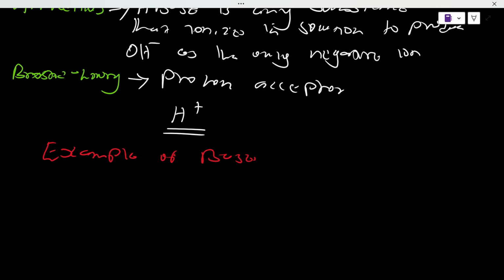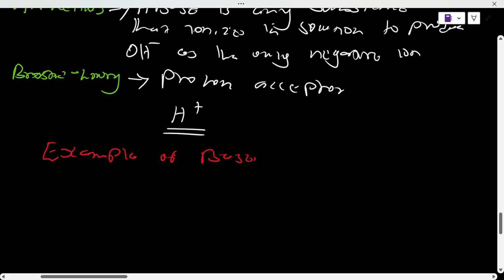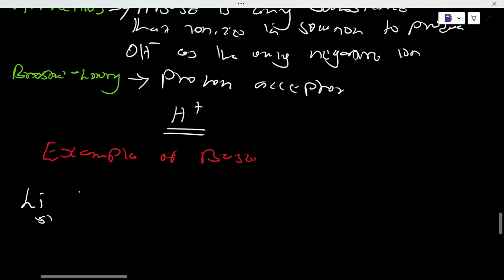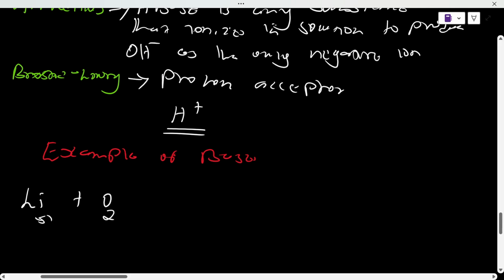Now, I can have a situation whereby I'm having an oxide of group 1, for example, lithium, when it reacts with oxygen, lithium is going to give me lithium oxide.